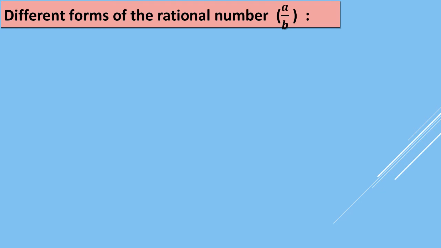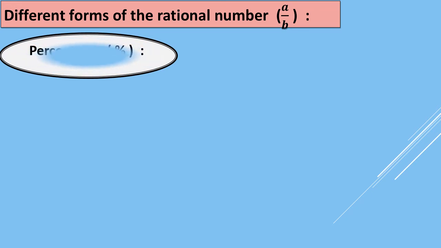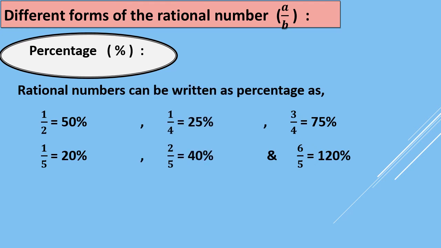And now we have different forms of the rational number a/b. We know the percentage from primary 6. Rational numbers can be written as a percentage. Half, multiply up and down by 100, will be 50%.